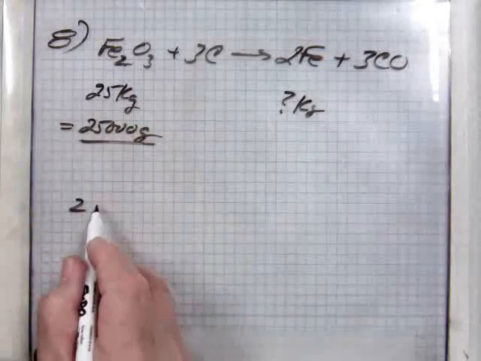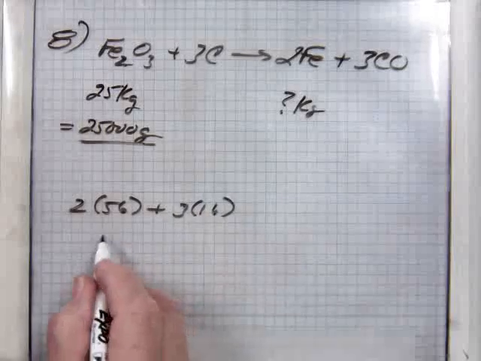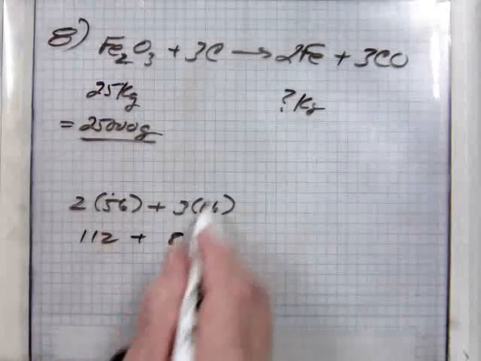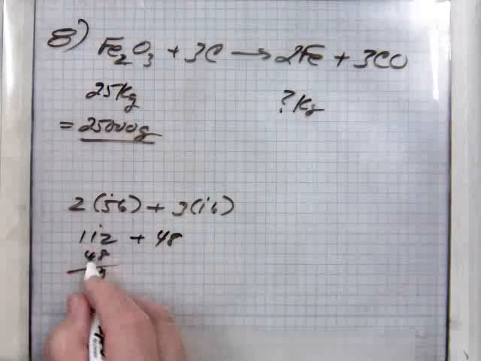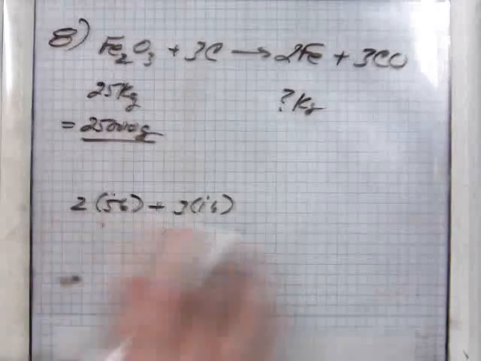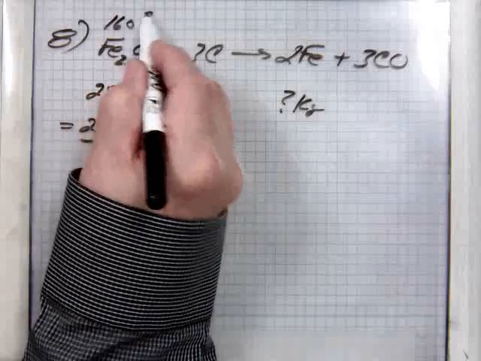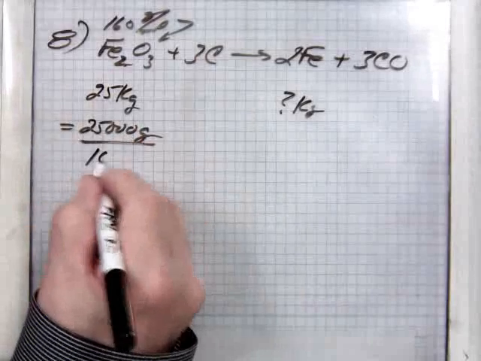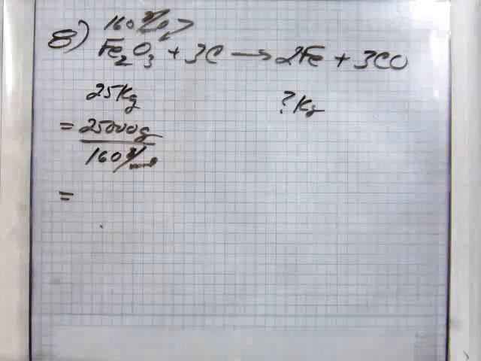So we have 2 times 56 plus 3 times 16, which is 112, and 3 times 16 is 48. So that's 160 grams per mole. I always do that in the margin of my calculations. So we divide by 160 grams per mole.